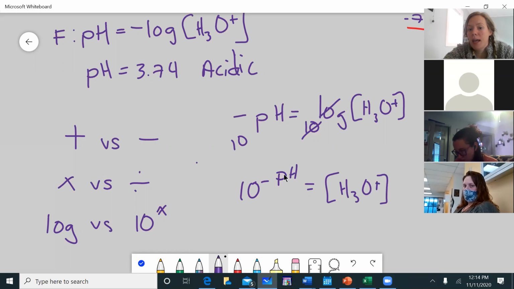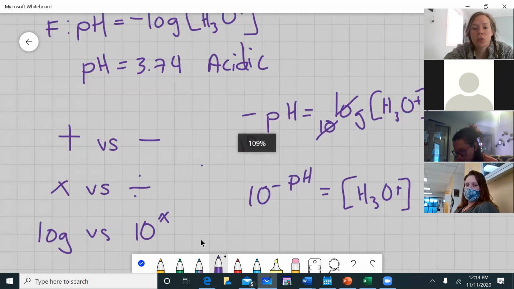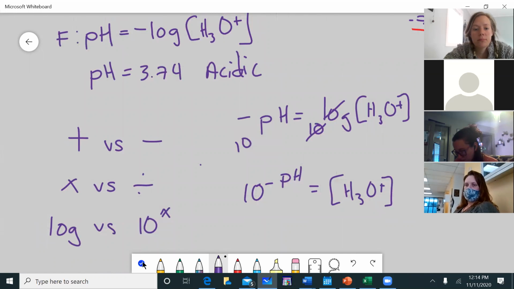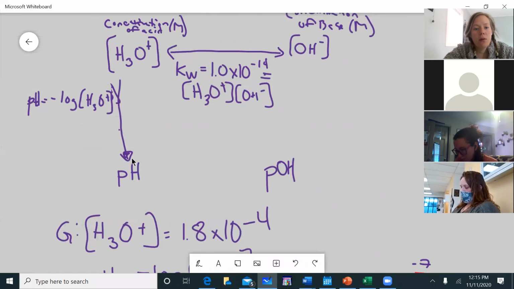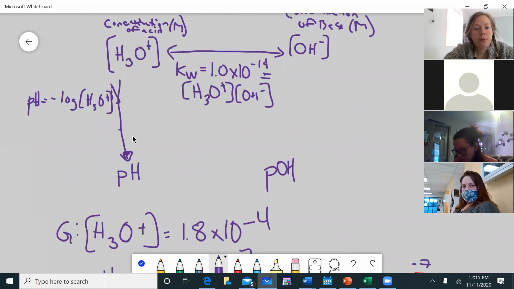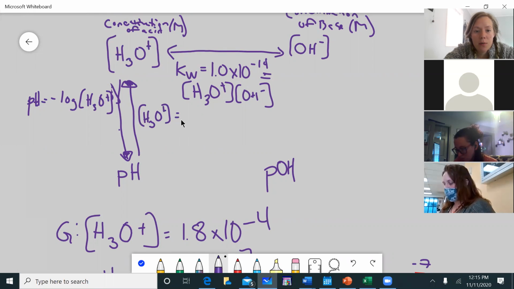So if I was to give you pH and wanted the concentration of the acid, you could work backwards. Let's add that to our square, and that'll be the last thing we talk about today. We have an arrow going down, but let's put an arrow going up. If I know pH and I want to calculate H3O plus, the acid concentration is equal to 10 to the negative pH.